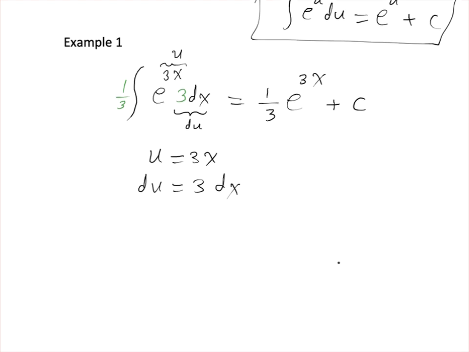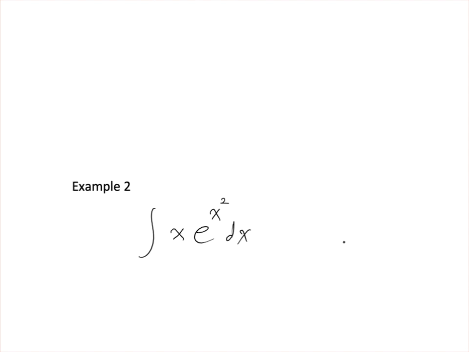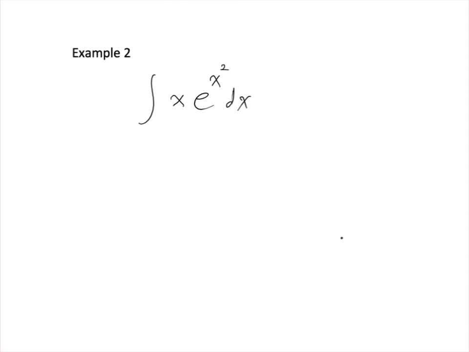So let's look at another example. Here we have the integral of x e to the x squared dx. So I'm going to choose u equals x squared. So then du would be 2x dx.